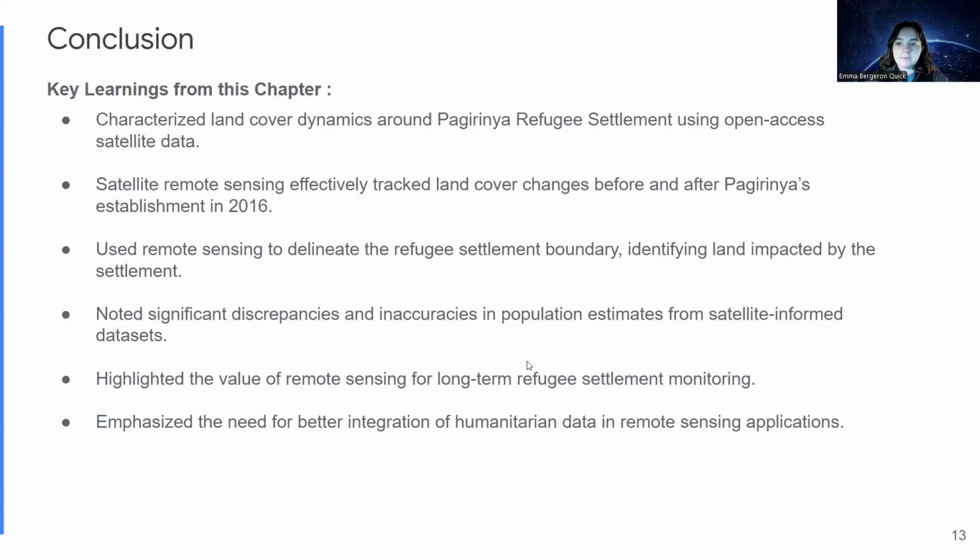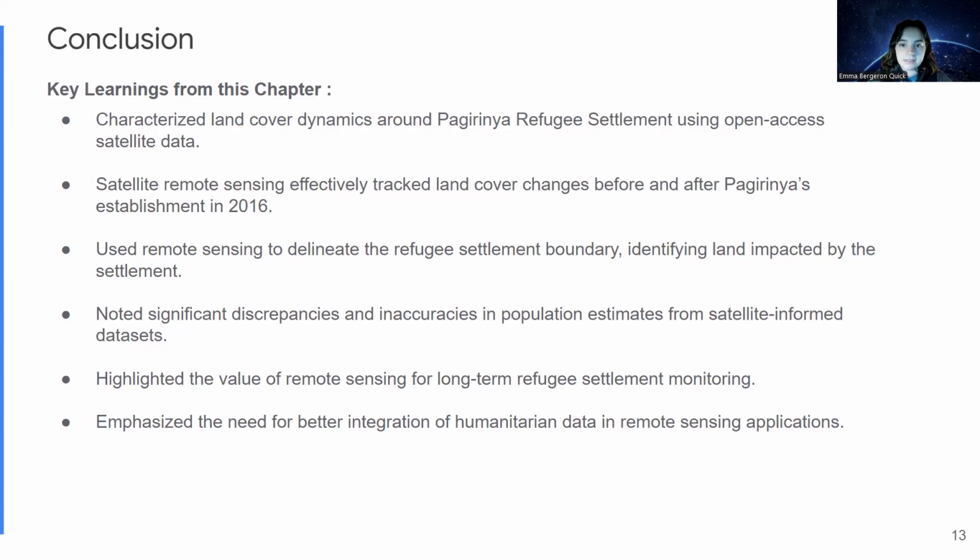And this was through the use of building footprints, our K-means classification, our land cover classifications, gauging changes in land cover, and our spectral indices. And then we noted that there were also significant discrepancies and inaccuracies in population estimates from satellite-informed data sets, which goes to show that there remain challenges in these operations, and it's important to compare.